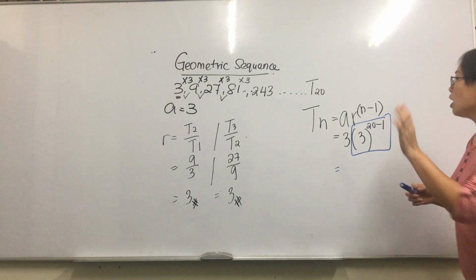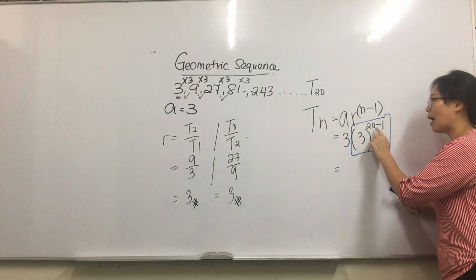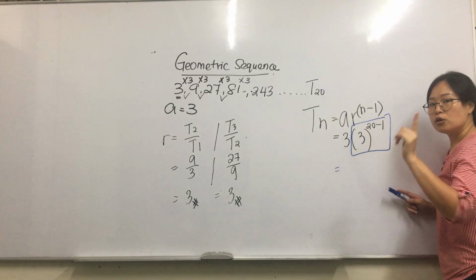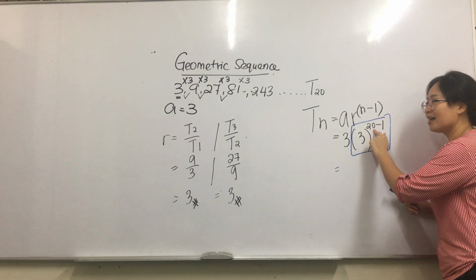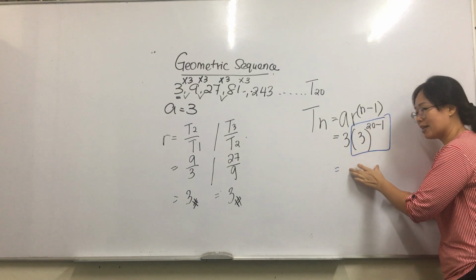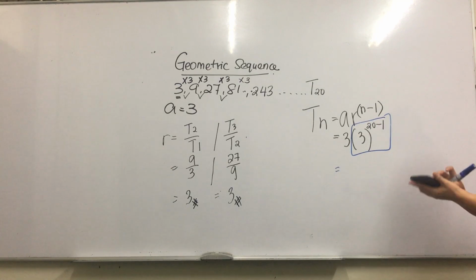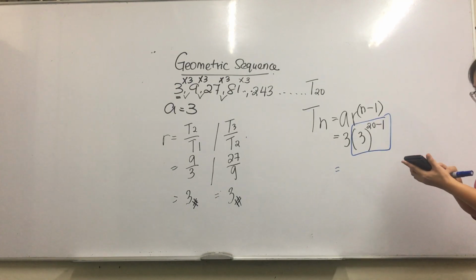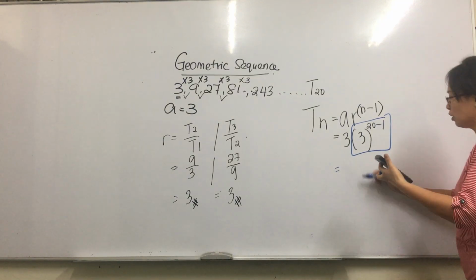Remember that? Jangan give me 3 times 3, then power of 19. No. You have to give me 3 power of 19 first, times 3 again. Then you get the answer. So, 3 power of 19 times 3. This answer is very, very huge.